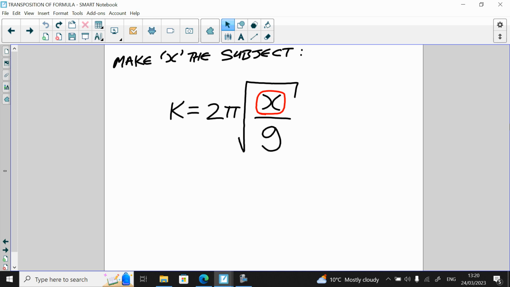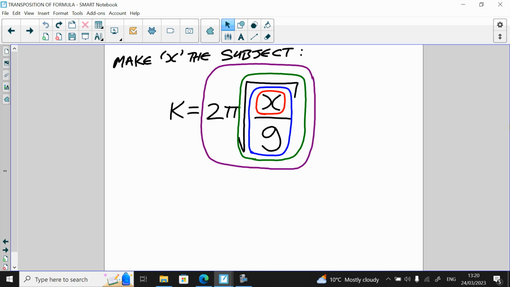It's not the square root, because the square root is dividing both x and g. So it's g, it's affecting x directly. Now you can move out. And because x and g are in a bundle, they are all being square rooted. So I'm moving out in layers here. And next to that last bundle, you've got pi times 2, and 2 times pi is just a number, 6 and a bit. So let's just consider that to be the one thing.